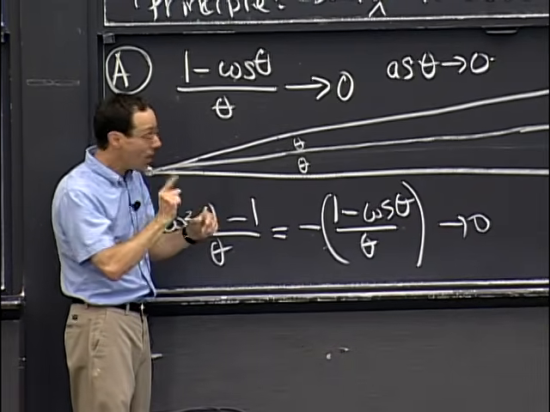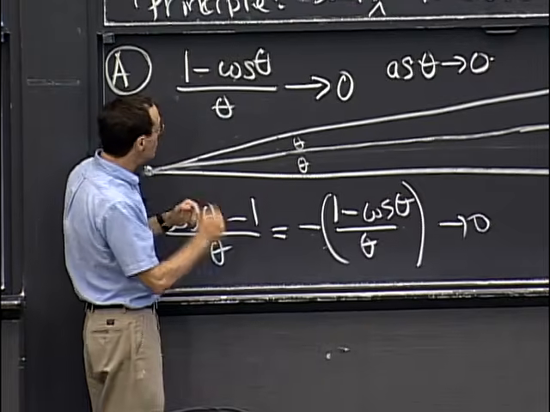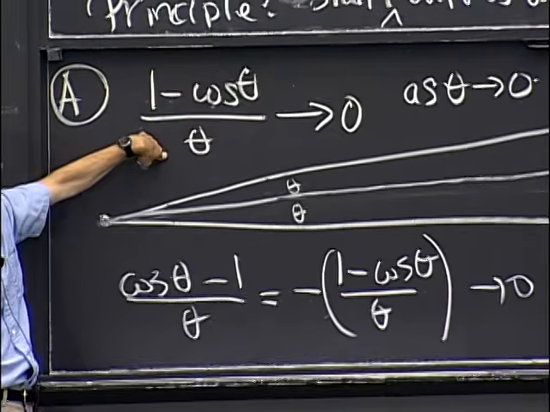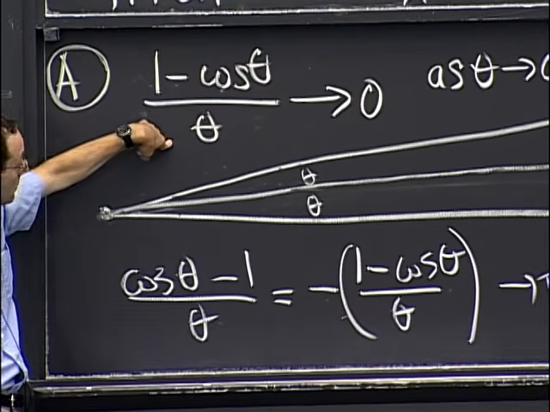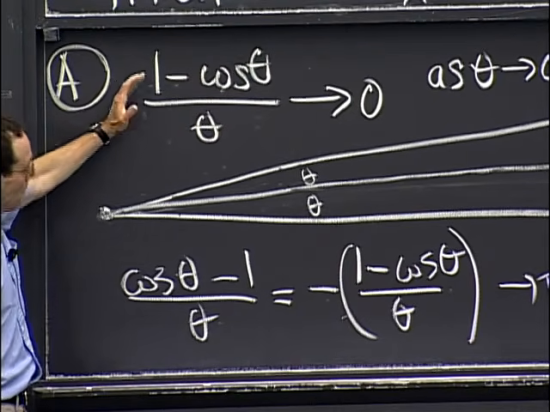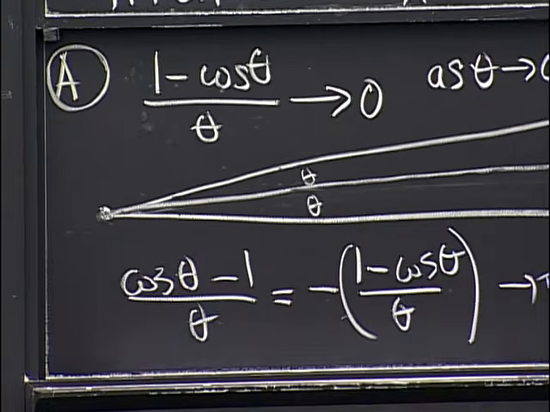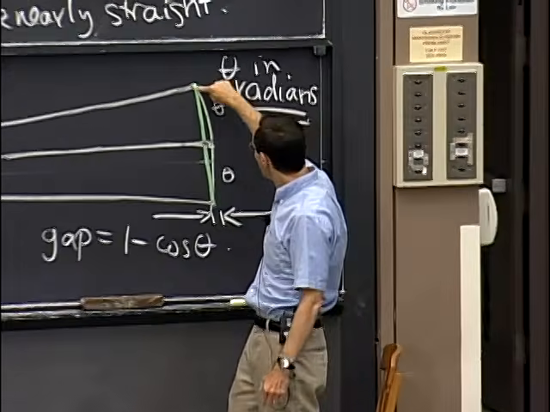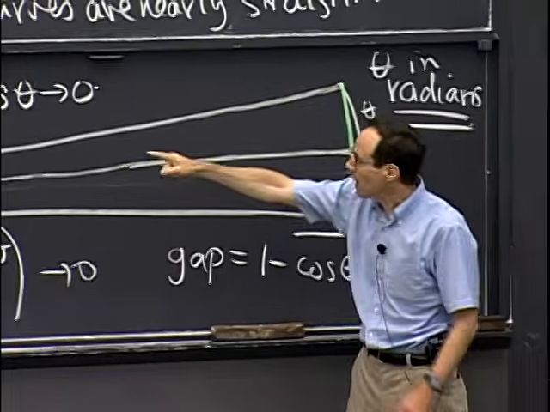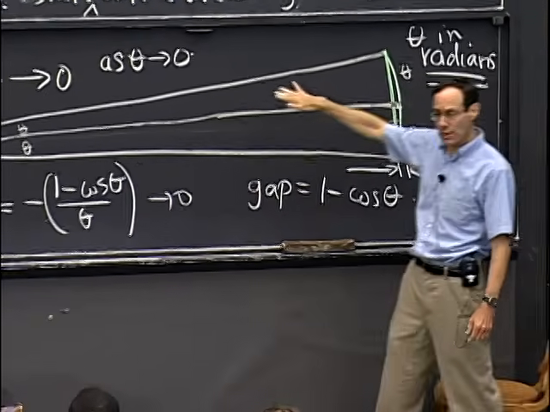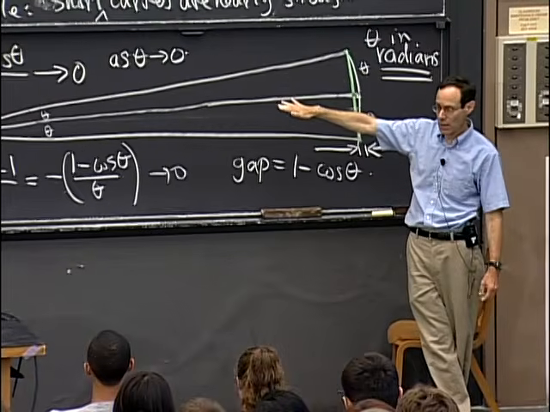Now, when I imagine that, I have to imagine a geometric interpretation of both the numerator and the denominator of this quantity, and just see what happens. I claim the numerator is this little tiny bit over here. The denominator is actually half of this whole length here, but a factor of 2 doesn't matter when you're seeing whether something tends to 0 or not.